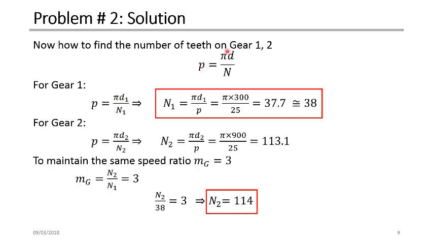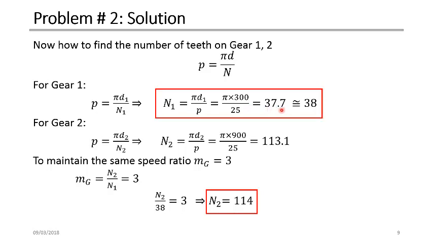We can apply this equation for the first gear and for the second gear. If we simplify this equation to find N1, N1 is equal to pi D1 divided by P. D1 we just calculated, it's 300, and P is given as 25. So we are getting here 37.7.